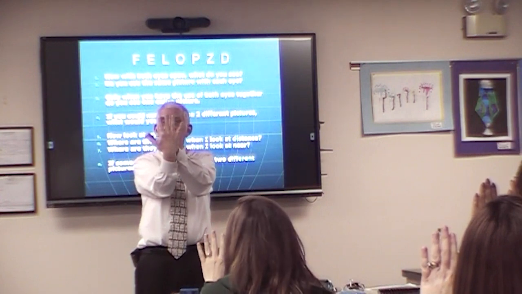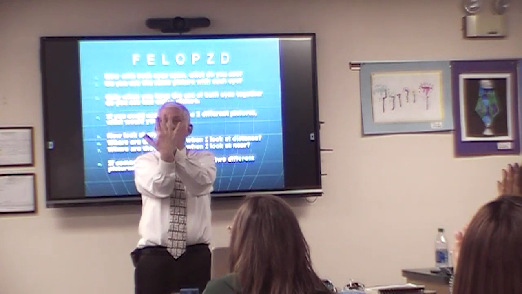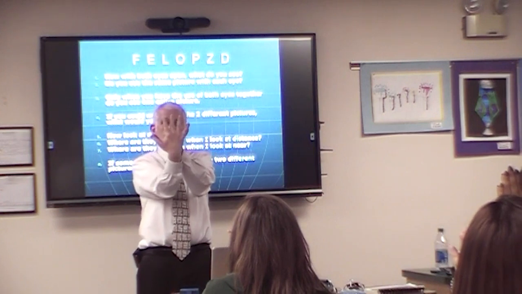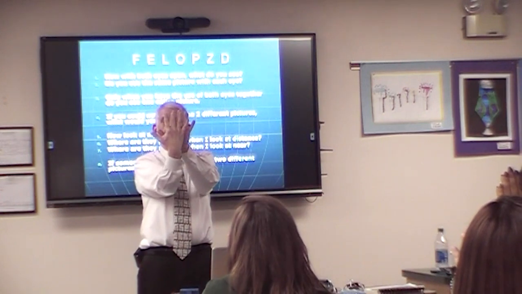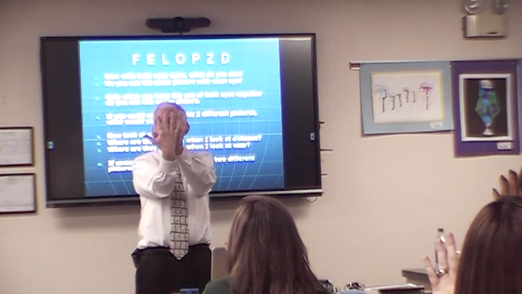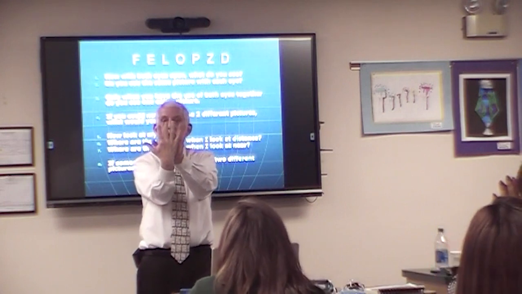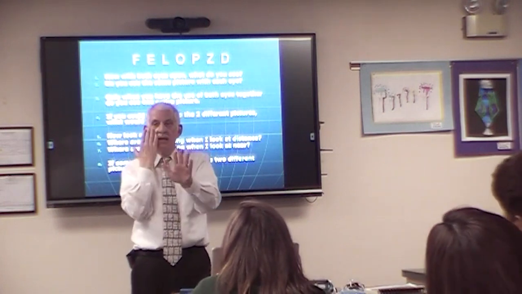So put palm to palm now. When you have these two together, what do you see? One image. Now spread them apart a little bit. What do you see now? Two different images.